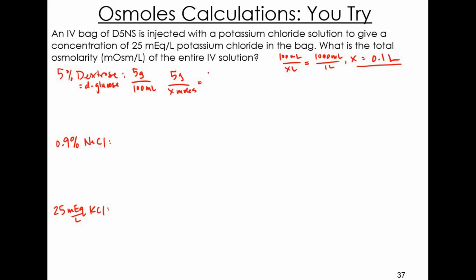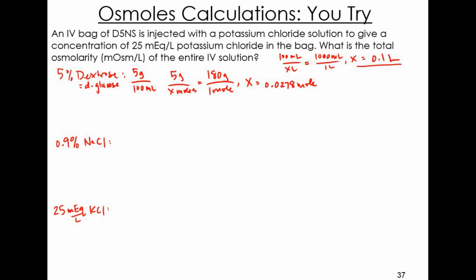And so the molecular weight of dextrose, or D-glucose, is 180 grams per mole. And so X for that is going to be a pretty small number. We'll try to include quite a few decimal places while we're in the calculation stage of this. So 0.0278 of a mole.